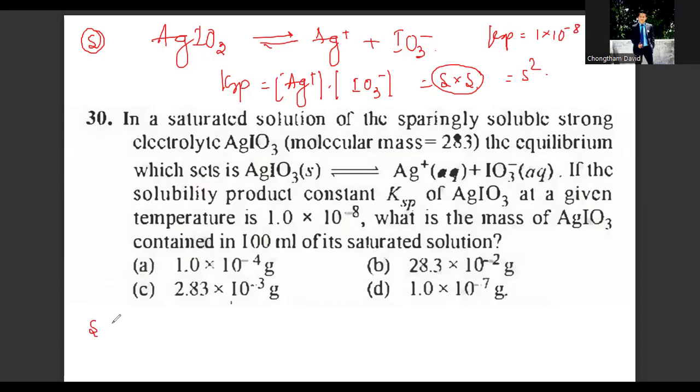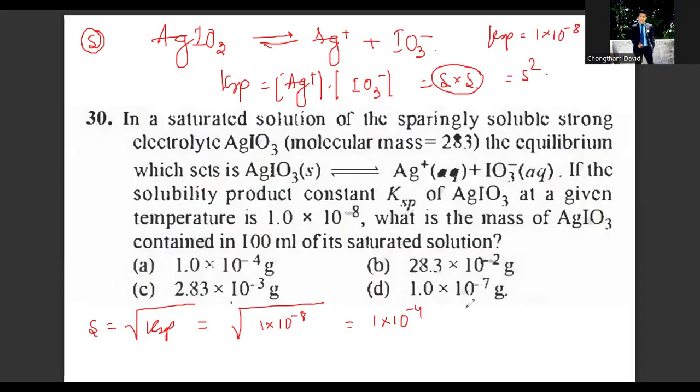Okay, let me write at the bottom because there's some more space. Ksp can now be introduced inside the square root, 1 × 10 to the power minus 8. So after this, you will be getting 10 to the power minus 4 because the root is present. So this much value. And the molecular mass of silver iodide is 283.